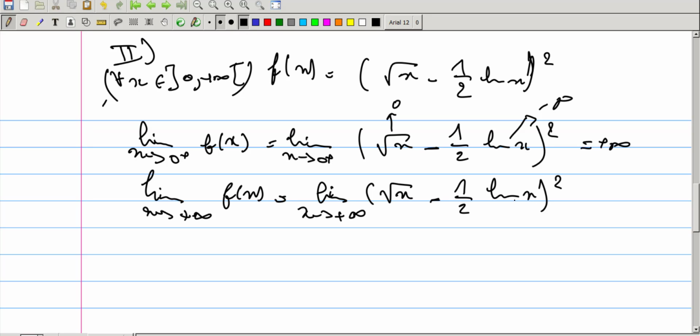Cool. Now the limit of those will make a little bit of a problem. The first one goes to plus infinity, and the second one plus infinity. Yeah, we have an undefined form.